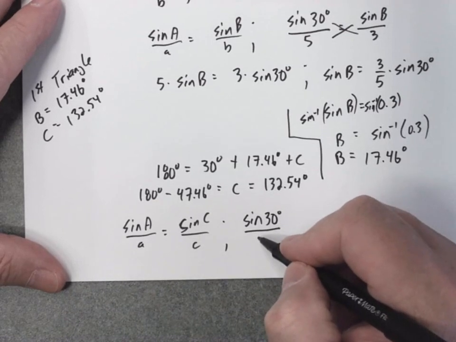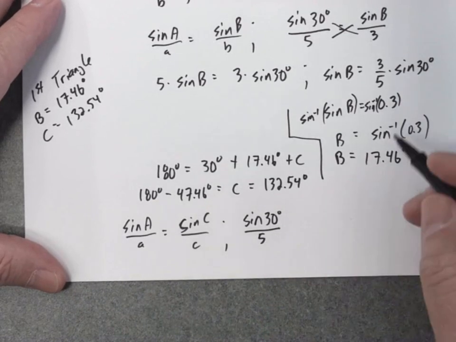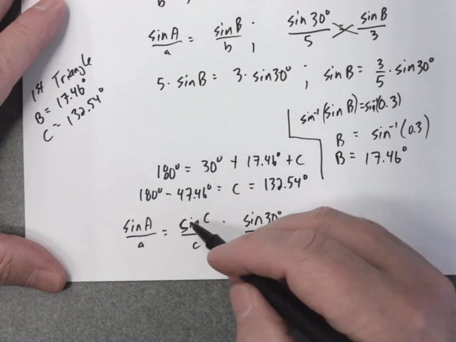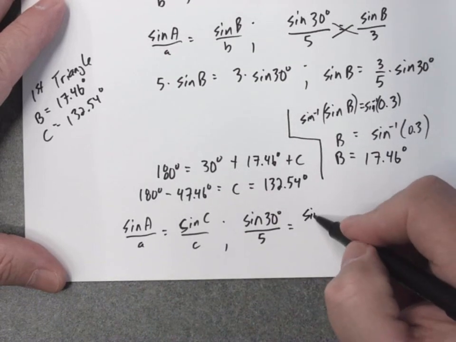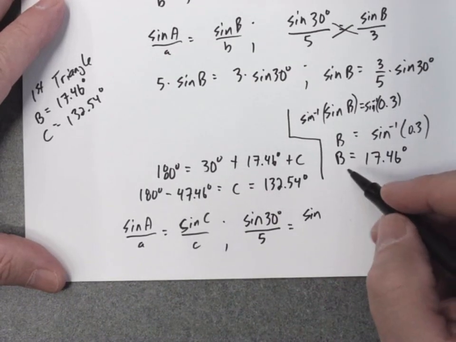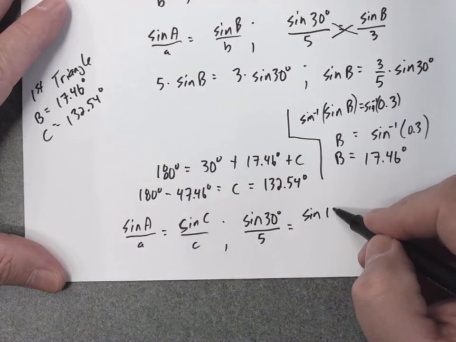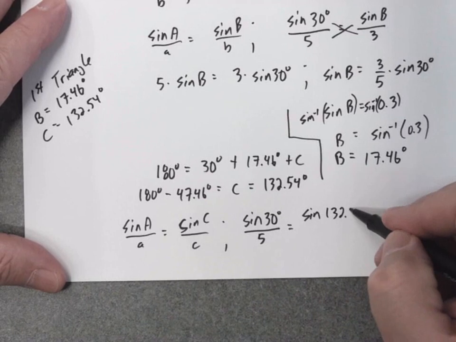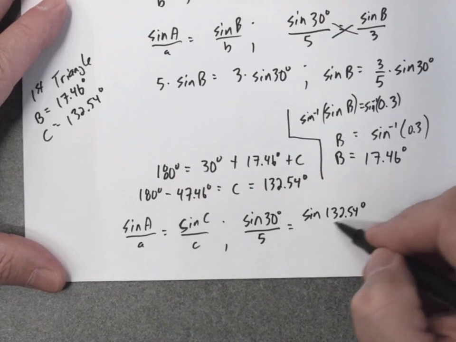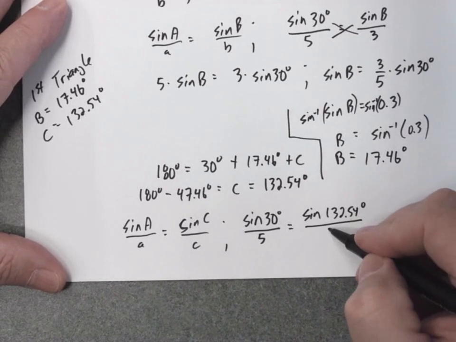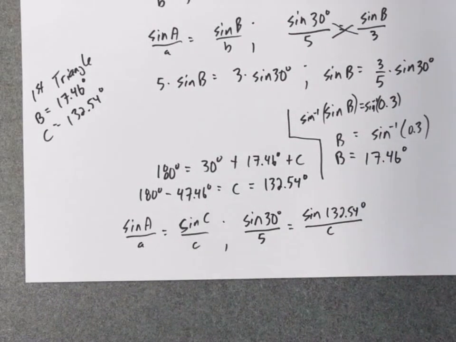Side A is a length of 5. Angle C is 132.54 degrees over side C.